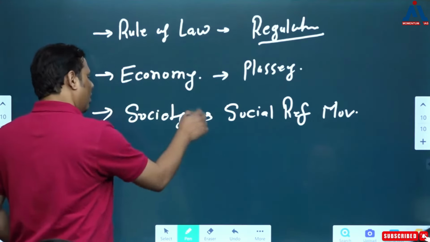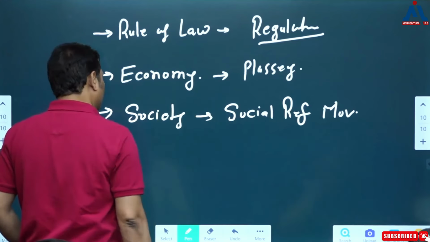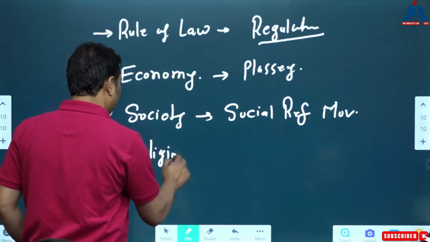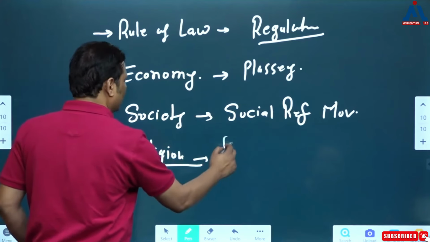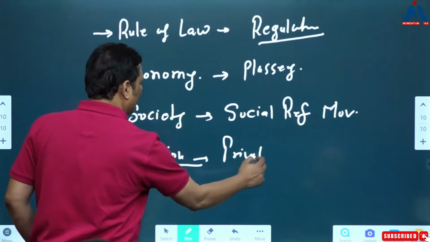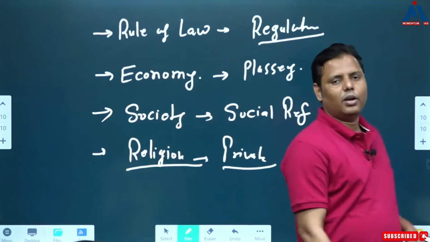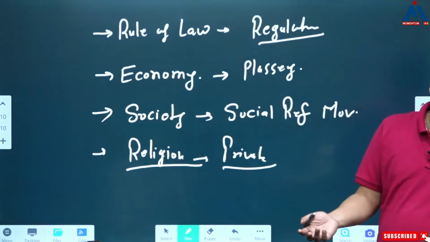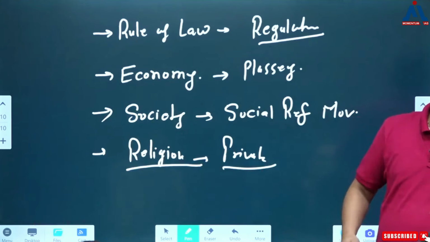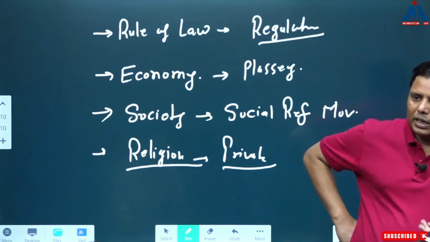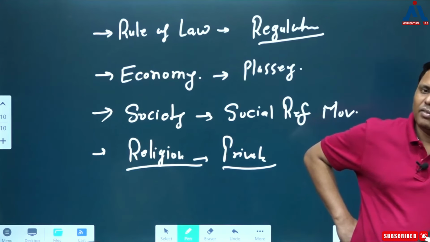Along with this, the change we see in society is that religion, which used to be so prominent in India, is now moving to the private domain, because the concept of a secular government is coming, where the state had nothing to do with religion. In fact, the Company, which became the political master of India, wanted to avoid any affiliation with religion or Christianity for a very long period.